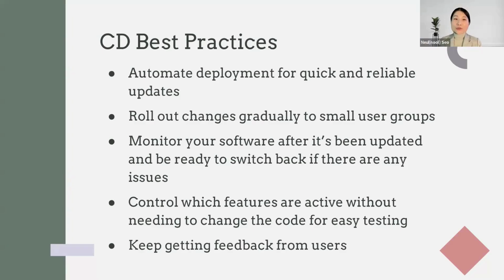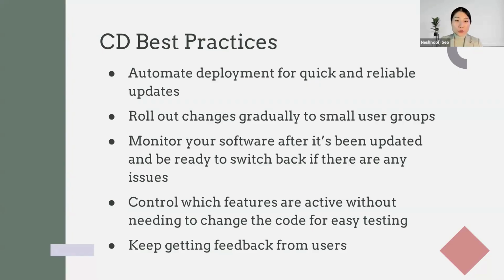First, use automated tools to quickly and reliably deploy changes to your software. Also, roll out changes gradually to a small group of users at a time instead of all at once. It's also important to keep an eye on your software after it's been updated and be ready to switch back to a previous version if there are any issues.